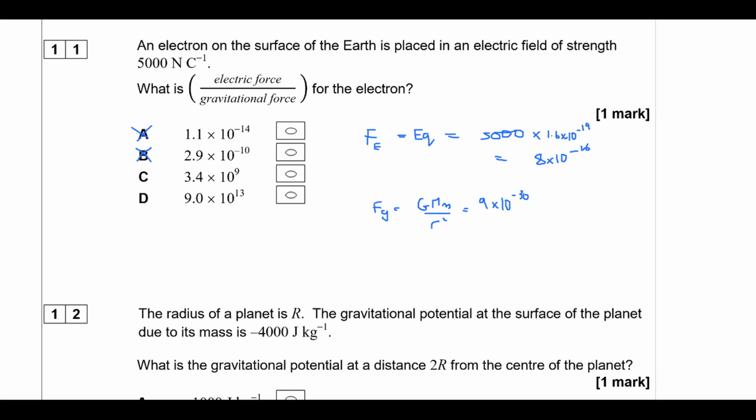So going between here and here, we have a power of 10 change of about 14. So we can see the answer is going to be D there. I haven't been too precise.